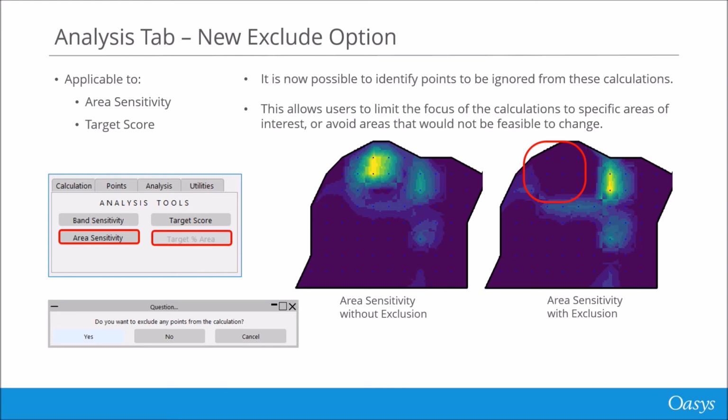But the areas that have been identified, the highlighted areas, it may not be possible to reduce the HIC in those areas for whatever reason, for design reasons, for packaging reasons, whatever. So you can remove those from the calculations, and then that will leave the plot on the right here, which will then highlight the areas that you may have a chance of changing through design changes.